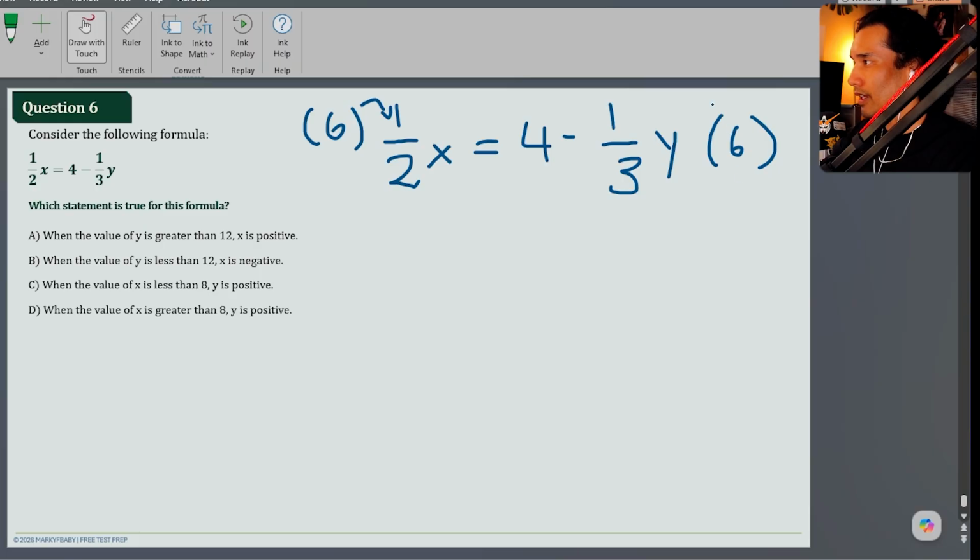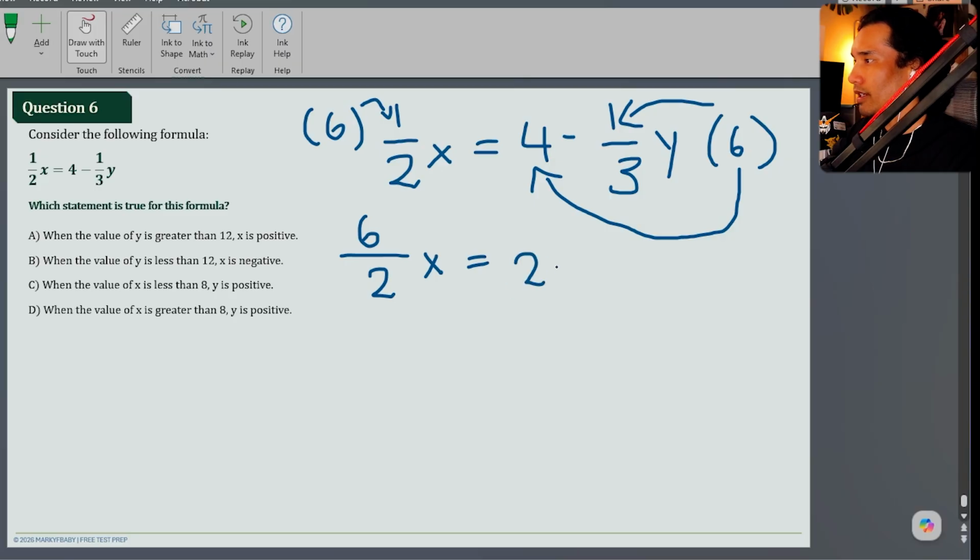This 6 is going to get multiplied by this 1/3. And the 6 will get multiplied by this whole number of 4. Giving us 6 times 1 over 2x equaling 6 times 4 is 24. And then minus, and then 6 times 1 equals 6.